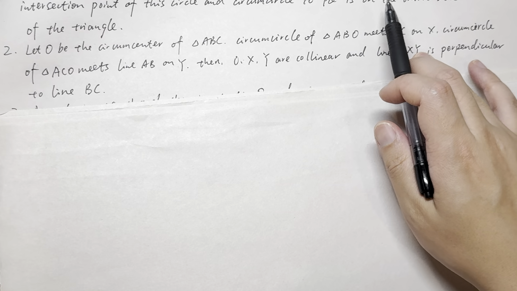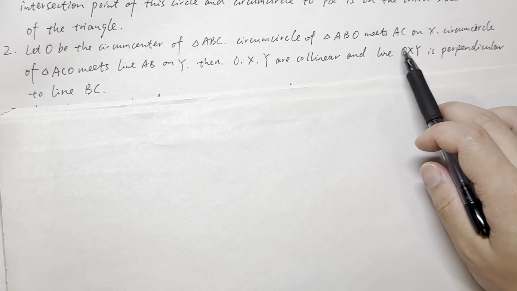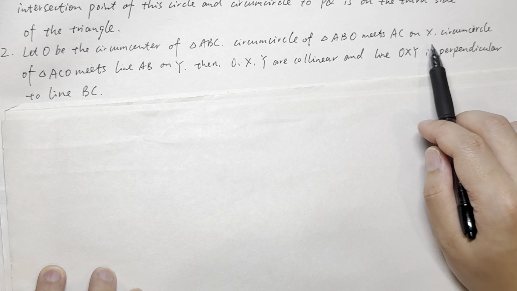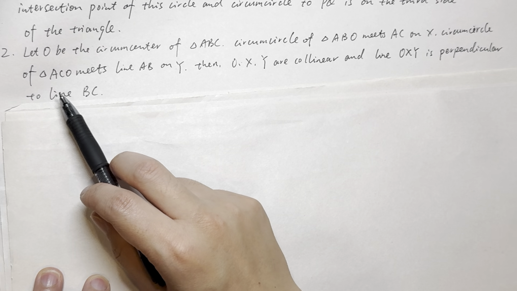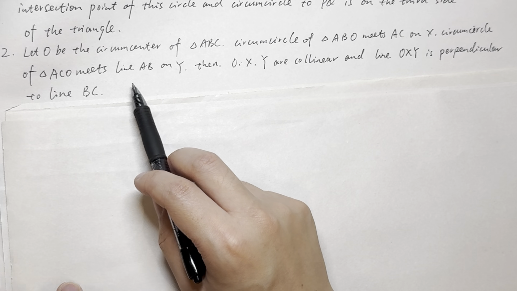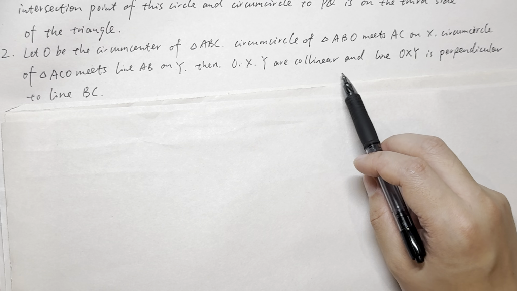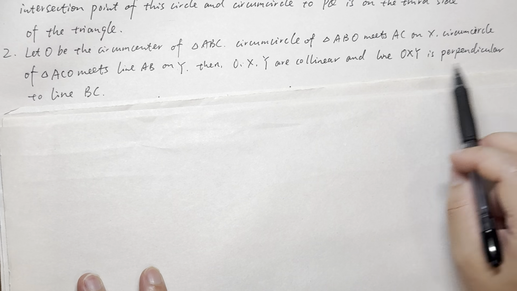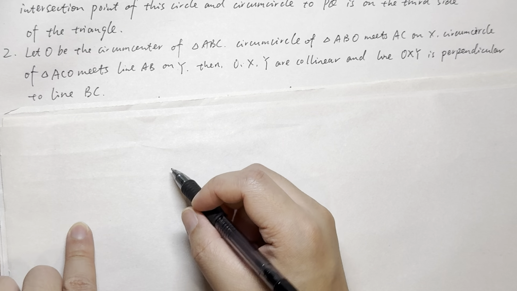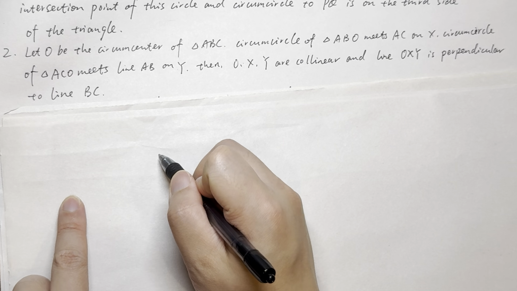The circumcircle of triangle ABO meets AC at X. The circumcircle of triangle ACO meets line AB at Y. Then O, X, Y are collinear and the line OXY is perpendicular to line BC. So let's draw the figure first.